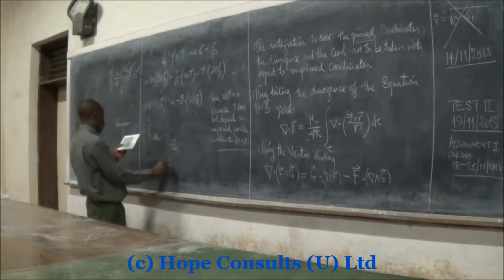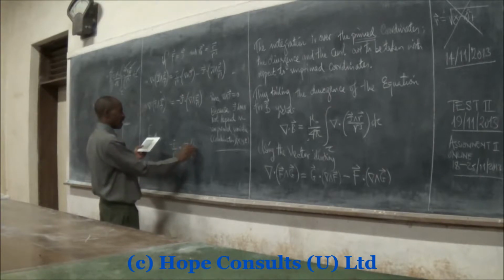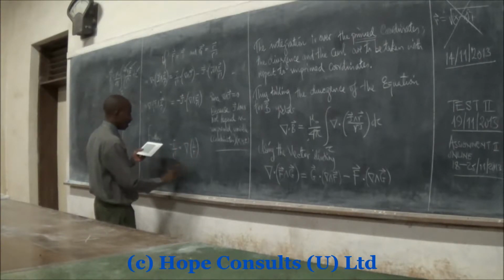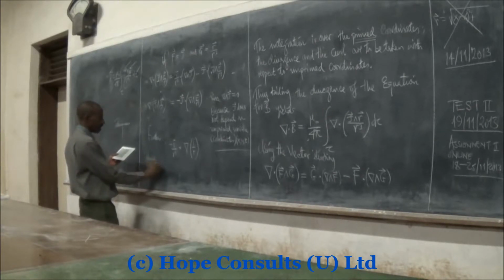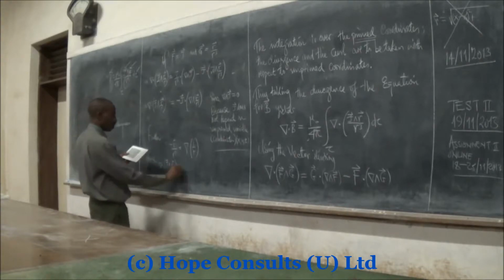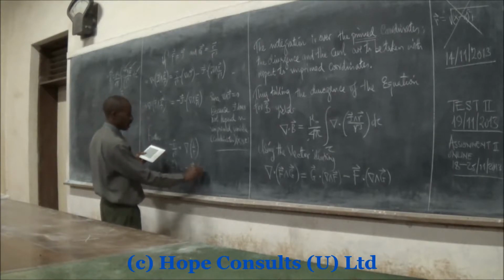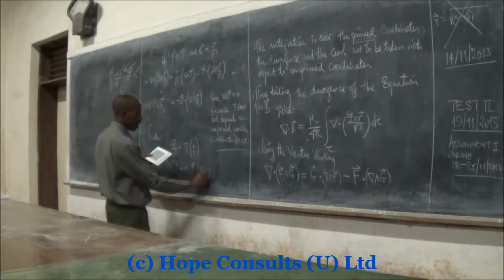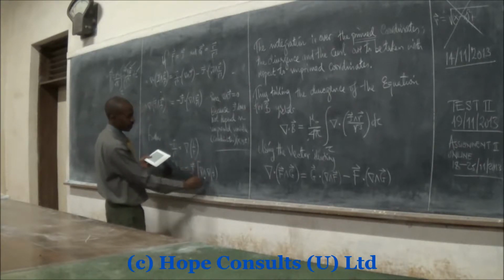R over R cubed is the same as grad 1 over R. So hence we would have that the divergence of J cross R over R cubed is equal to minus J into the curl of the gradient of 1 over R. So I use these brackets.